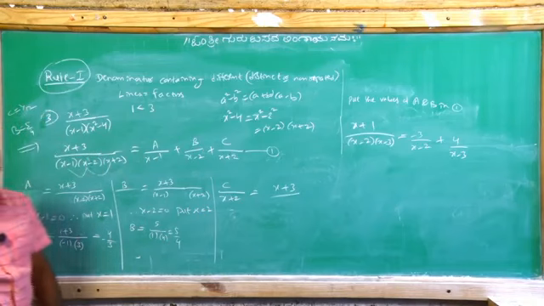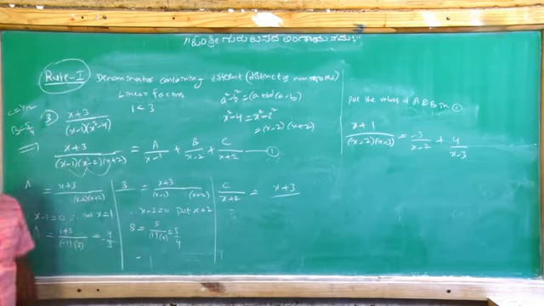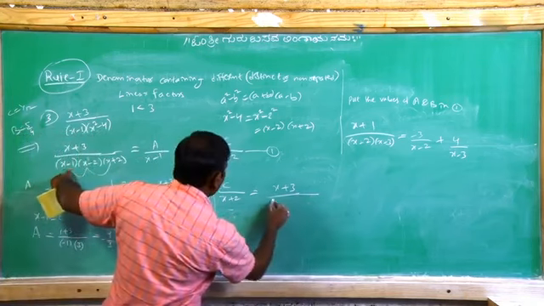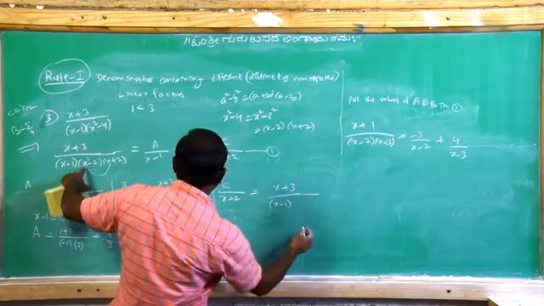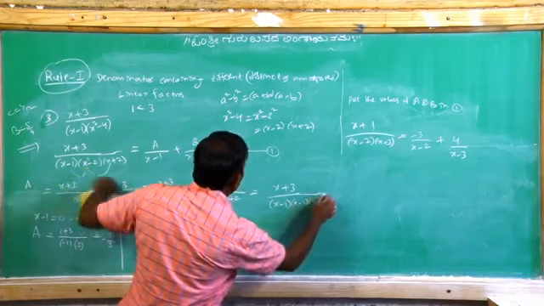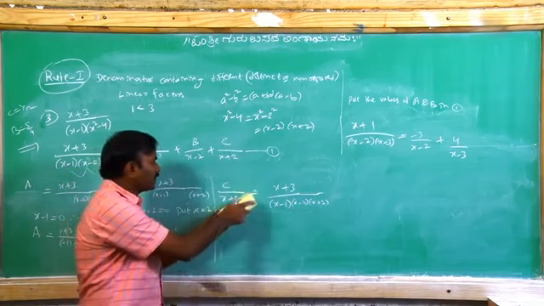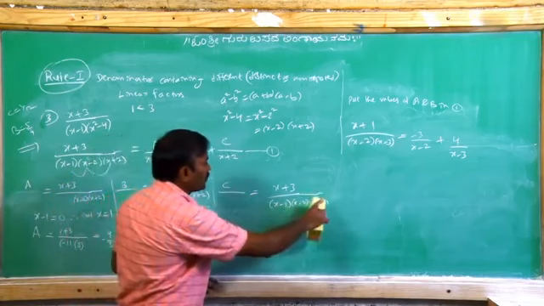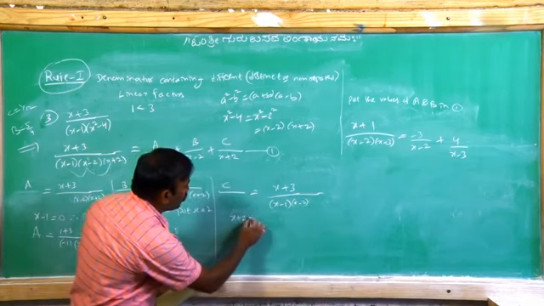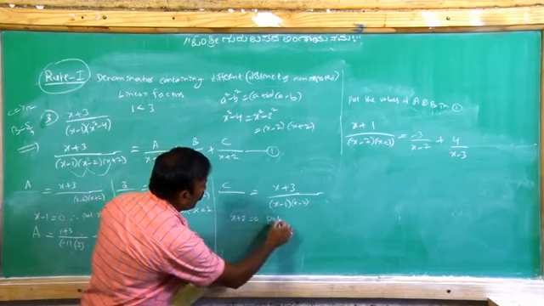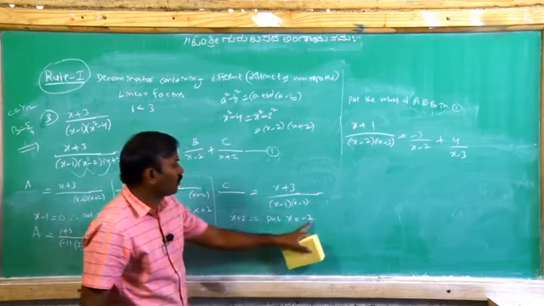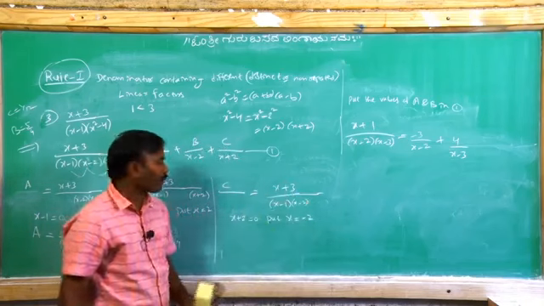Now check the answer. x plus 3 by (x minus 1)(x minus 2)(x plus 2). So this LHS x plus 2 and RHS x plus 2 cancel, meaning x plus 2 is equal to 0. Therefore x equal to minus 2. So put x equal to minus 2 in this remaining fraction.